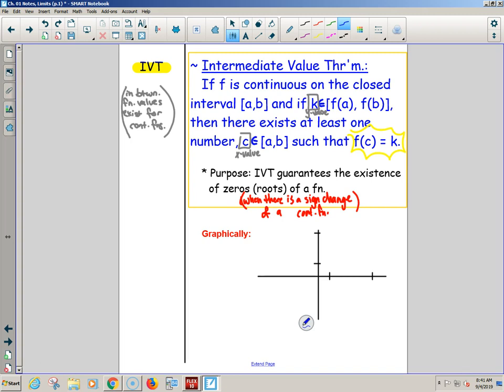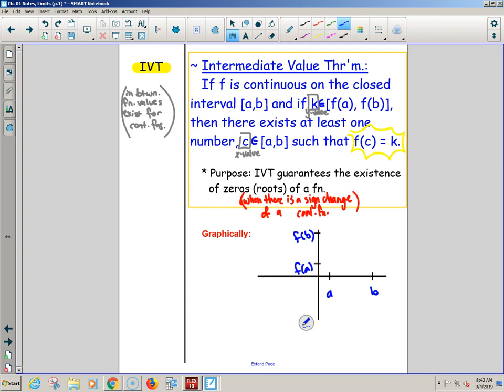But anyway, down here, I'll show this to give you an idea. There are lots of letters up here. A and B are x values. F of A and F of B are y values. Now, A is always lower, B is always higher. The y values, I don't know. F of A could have been higher, F of B could have been lower. Who knows?